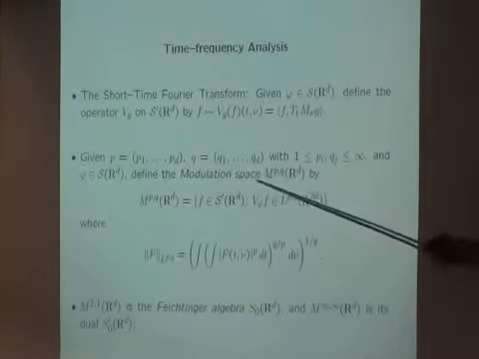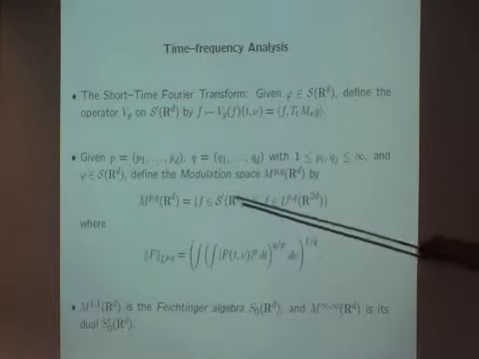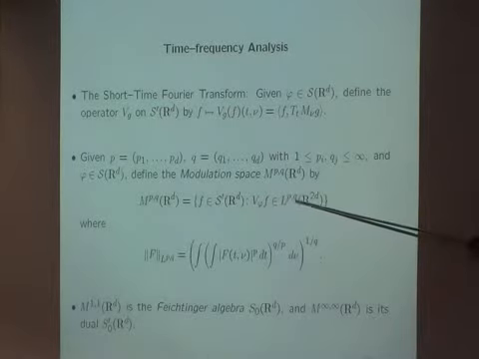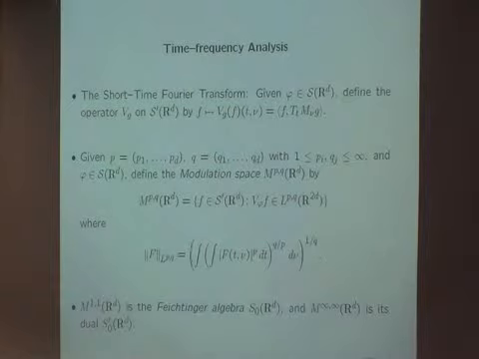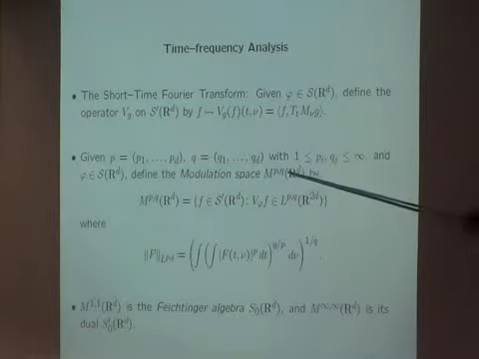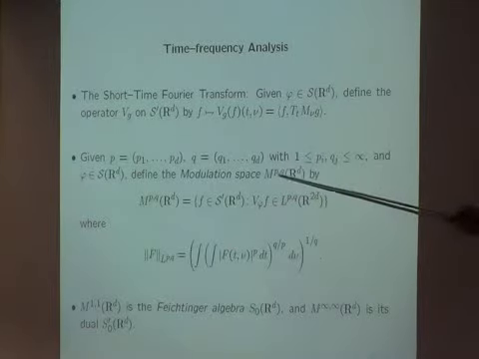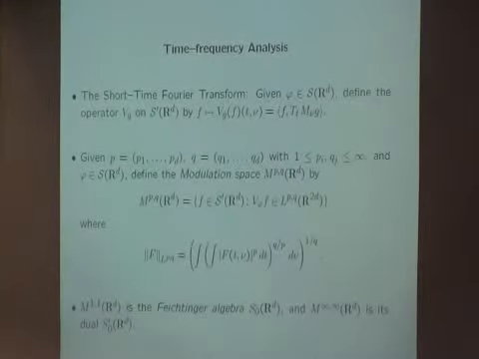And we define the modulation space M^{p,q}(R^d) to be all those distributions whose short time Fourier transform sits in the mixed norm space L^{p,q}. Now we can, of course, have weighted modulation spaces and things like that. We could go more general, but even in the last talk, I wanted to limit the number of indices that are floating around. So we're just going to do this for the sake of the talk.